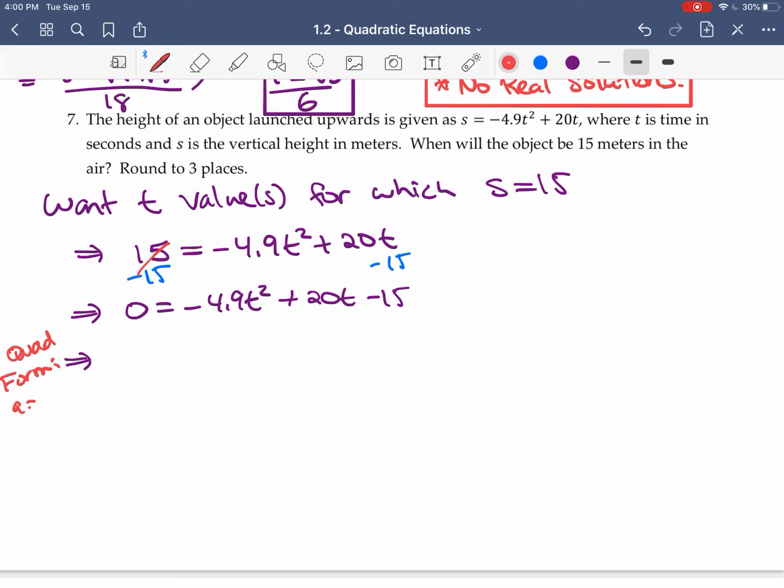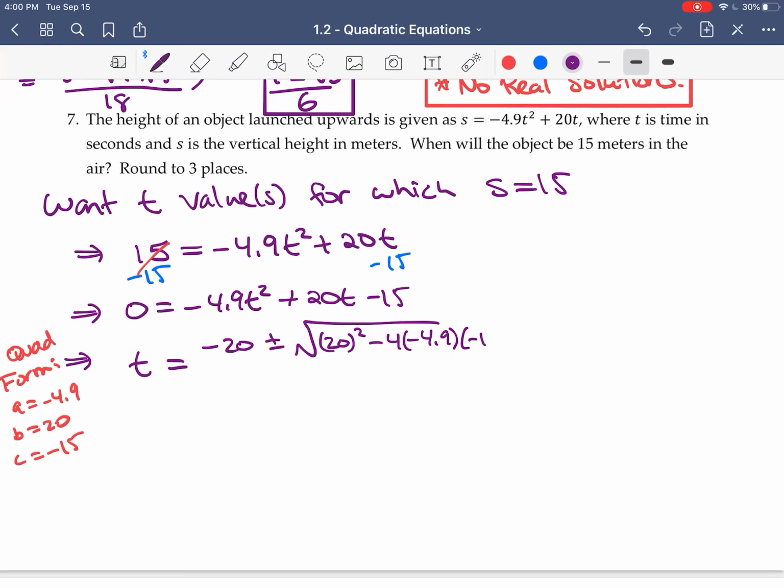My A is negative 4.9, my B is 20, and my C is negative 15. So I plug all those in, I should have t equals negative 20 plus or minus square root of 20 squared minus 4 times negative 4.9 times negative 15, all over 2 times negative 4.9.